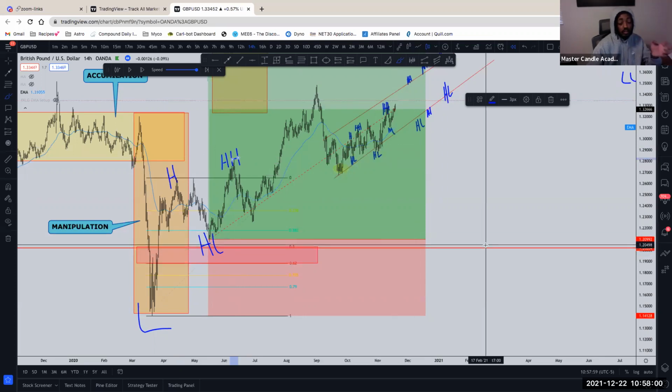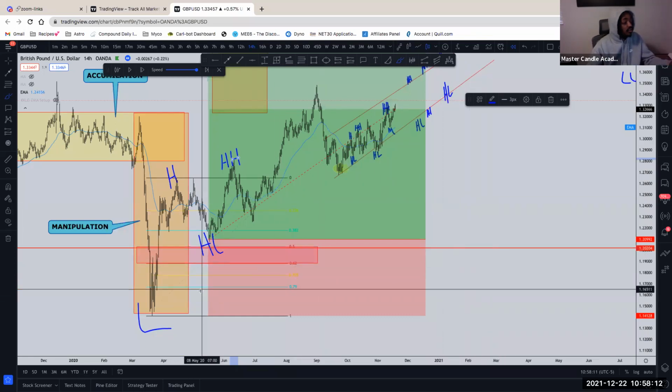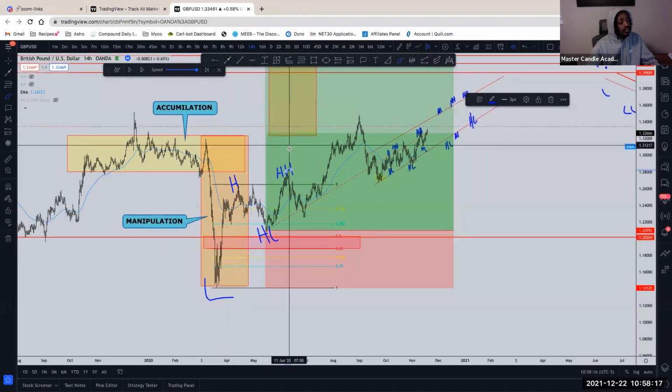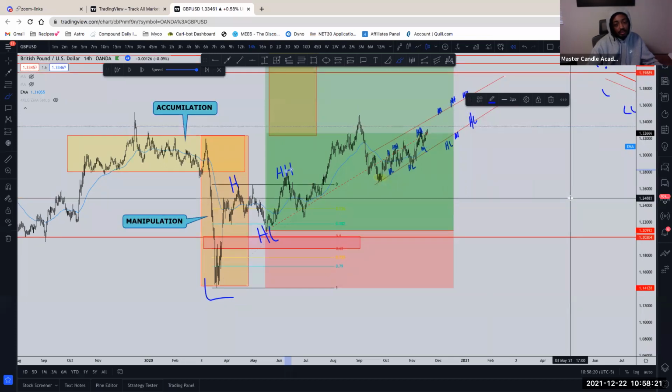So do we see how literally just market structure and knowing a few letters of the alphabet can make you a lot of money? Do we see that now? Do we understand how yesterday understanding market structure will help you in visualizing now that we know this accumulation, manipulation, distribution?